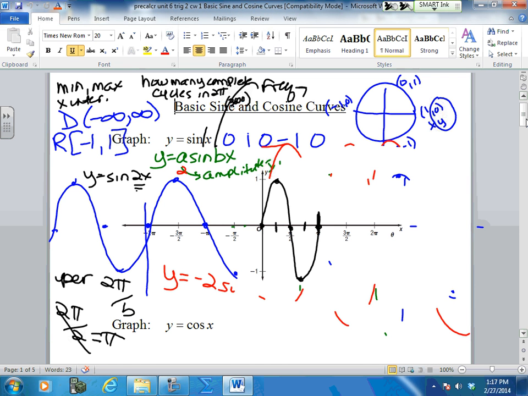Now, I'm going to do it again here. I'm going to take this and break it into 4 equal parts, and go 0, 1, 0, -1, 0. So now, don't I have 2 complete sine curves in 360? Is this called a horizontal stretch or a shrink?